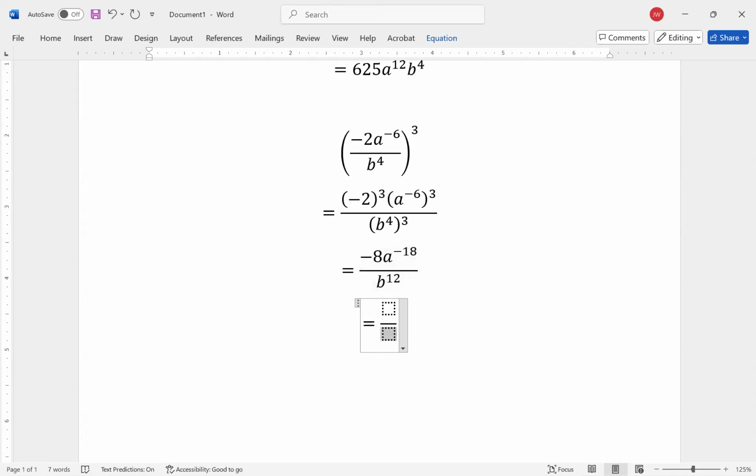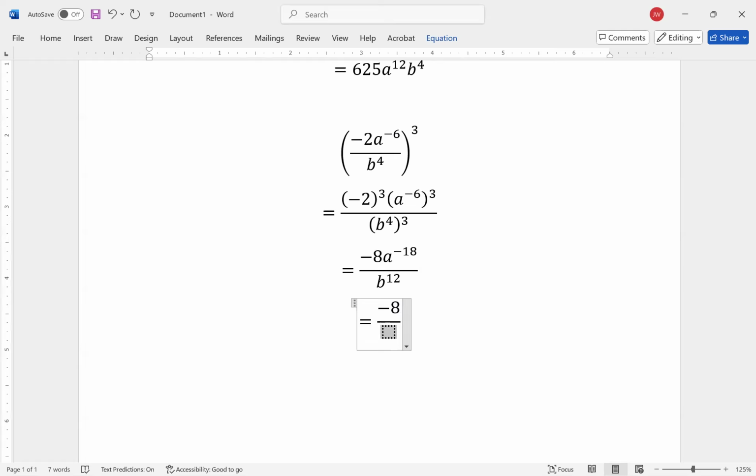So the question asks us to make sure that all exponents were positive. That's exponents, not numbers. So it's perfectly fine that -8 is in our final answer. -8 is a coefficient, not an exponent.